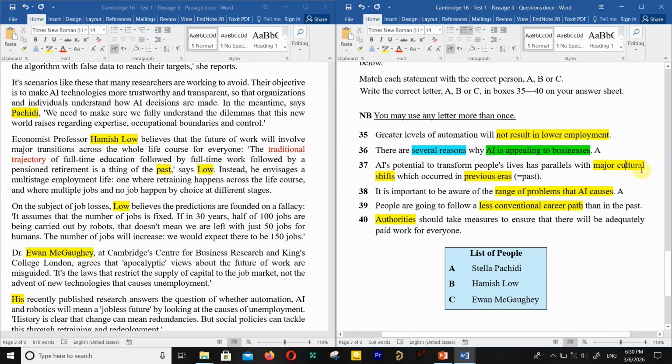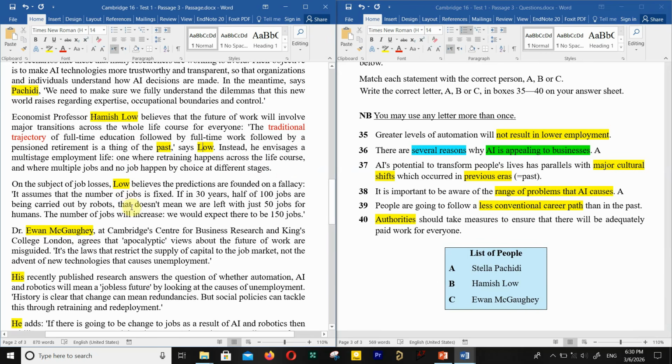And the major AI's, no, let me just finish the sentence. Think of a past and okay, traditional. So instead he investigates. No, not this one. Oh, it assumes that the number of jobs is fixed.